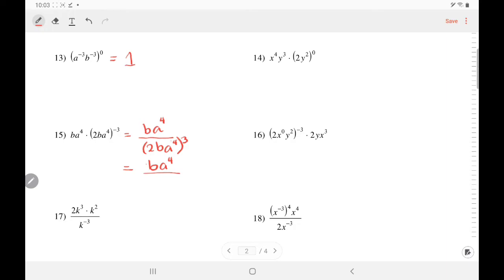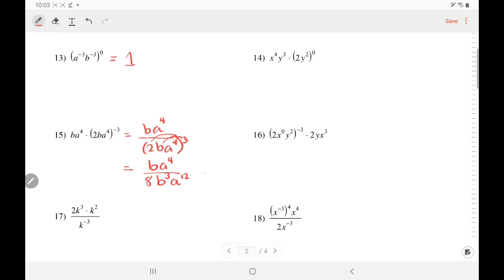Distribute your power of 3 to each element in here. Take each one to the 3rd power. So 2 to the 3rd power is 8, b to the 3rd power, and a to the 12th, using property 3 where you multiply those exponents.